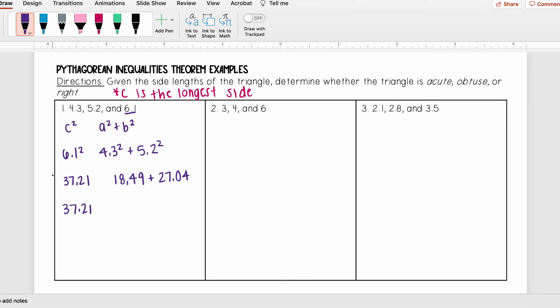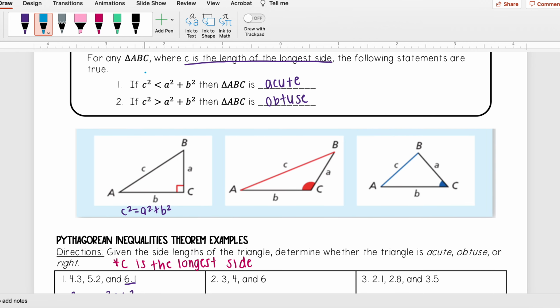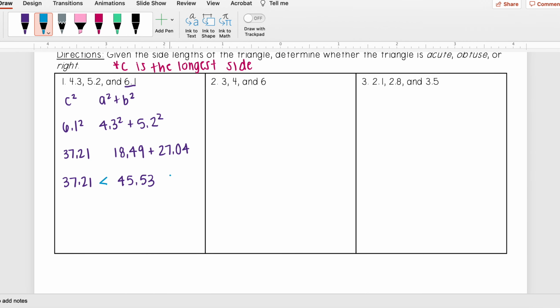And then when I add on the right-hand side, 27.04 plus 18.49, I get 45.53. So now I need to compare these. I see that 37 is less than 45. So I have that c squared is less than a squared plus b squared. And since it's less than, I see from my theorem that means that triangle ABC is acute.